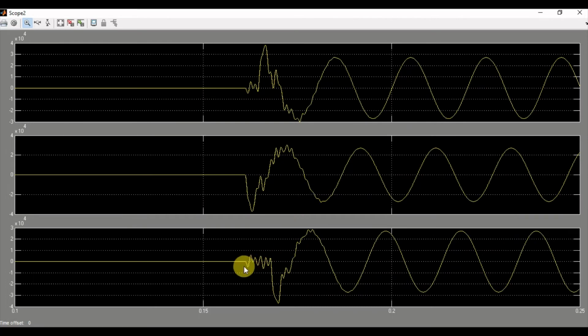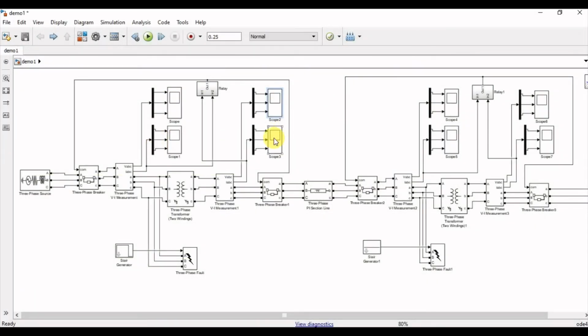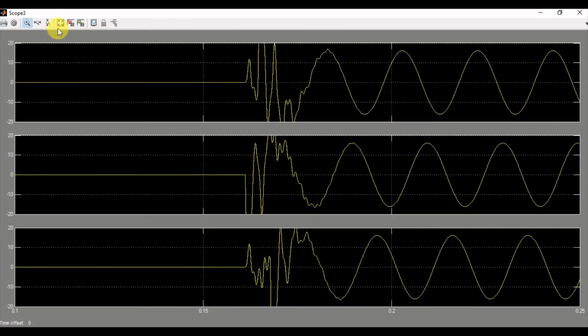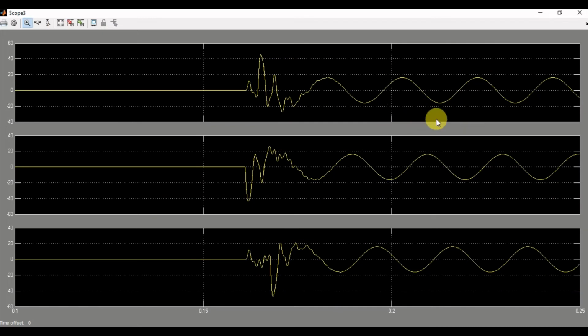So whenever the fault restores, there is an inrush current, so there is a little fluctuation in the voltage waveforms. Now let's see the current waveforms. So these are my current waveforms after the fault has occurred.